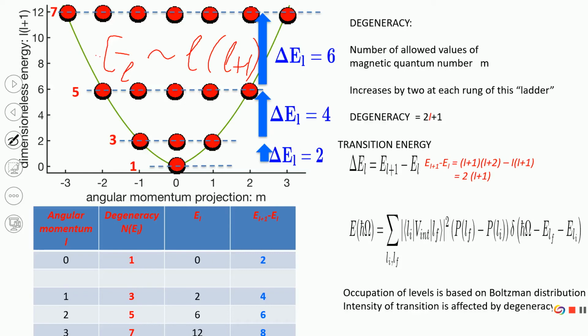Then one can do a little exercise to find an offset of energies between two nearest neighbors.